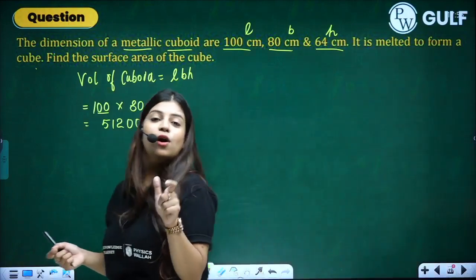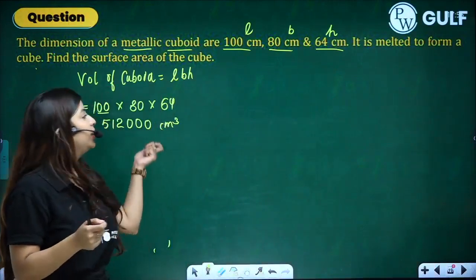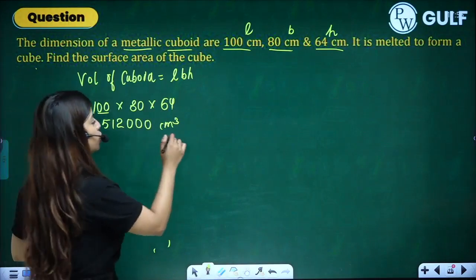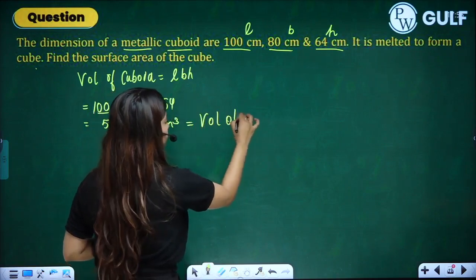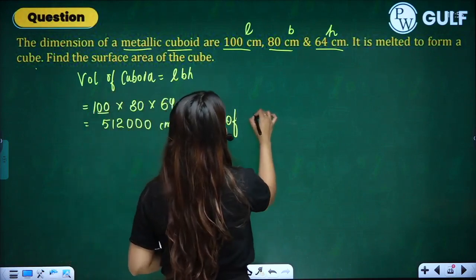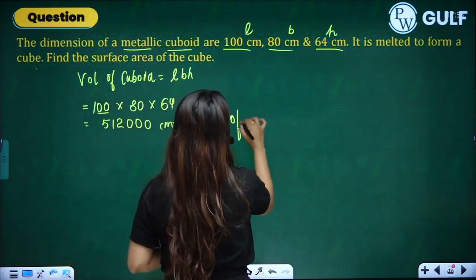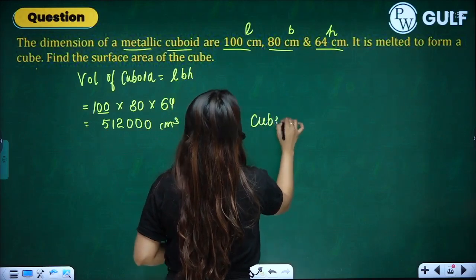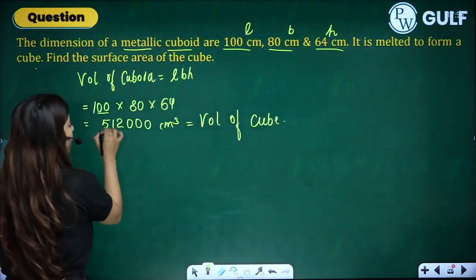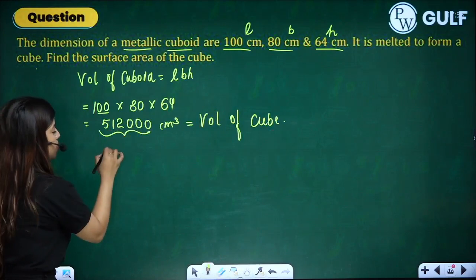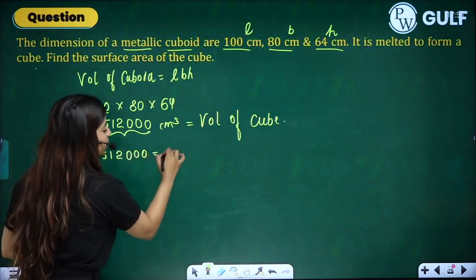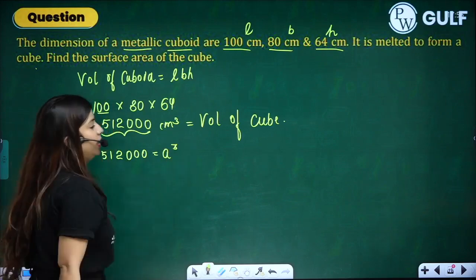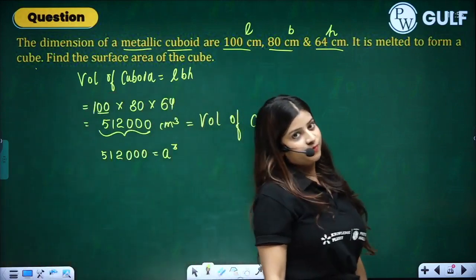Now this volume of the cuboid will be equivalent to the volume of simply your cube. That means this 512000 will be equivalent to a cube.